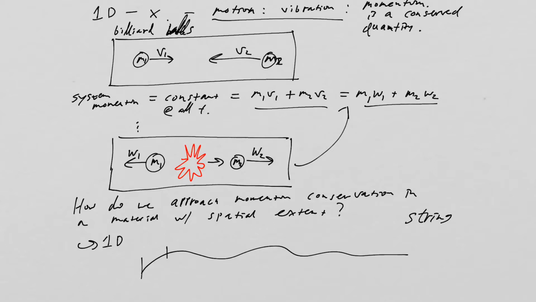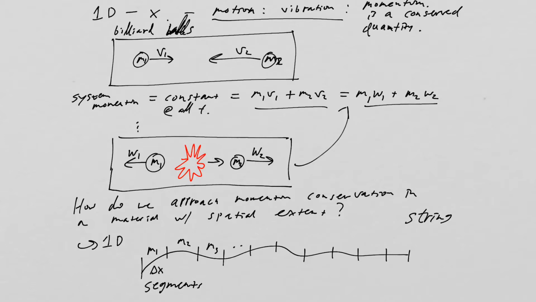And what we're going to do is segment our string into little pieces. Each piece will be like a little delta x. And basically we can think of this as having a mass 1 here and a mass 2, a mass 3, and so on and so forth.